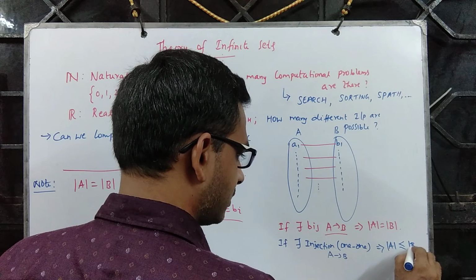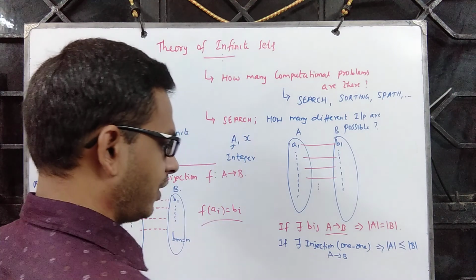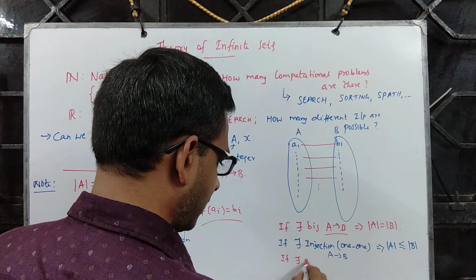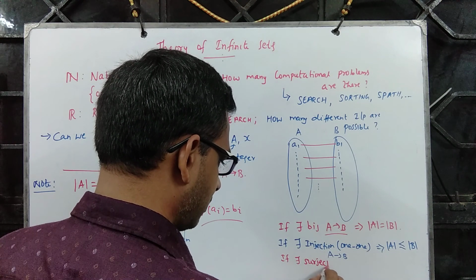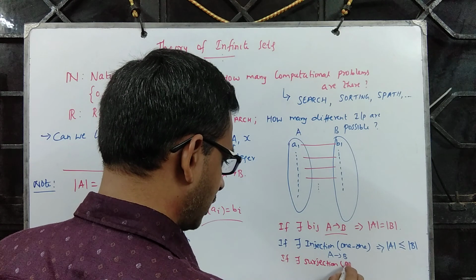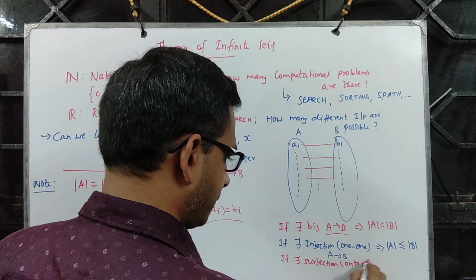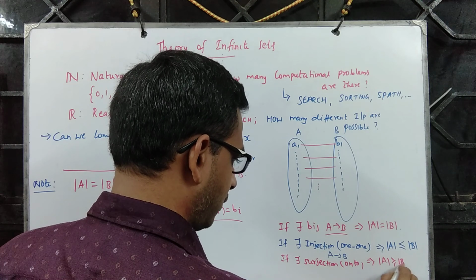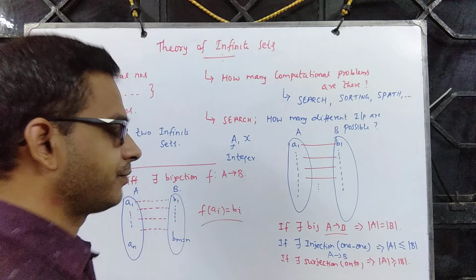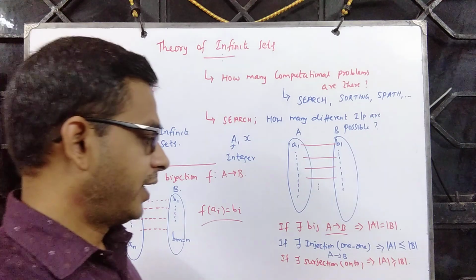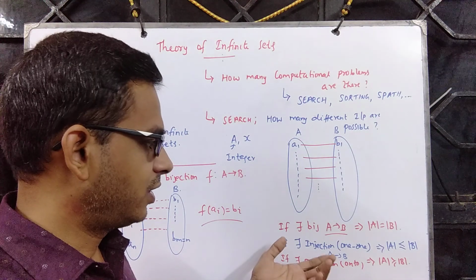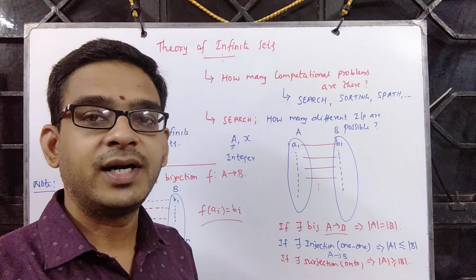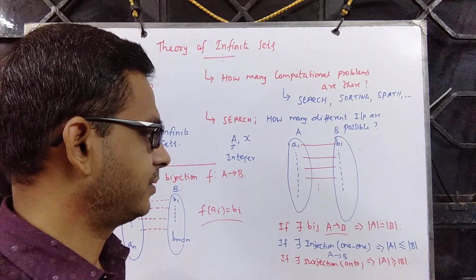Cardinality of A is less than or equal to cardinality of B. On similar lines, if there exists a surjection, which is onto, it means cardinality of A is greater than or equal to cardinality of B. And this itself is a lot in the theory of infinite sets when we want to compare two infinite sets.